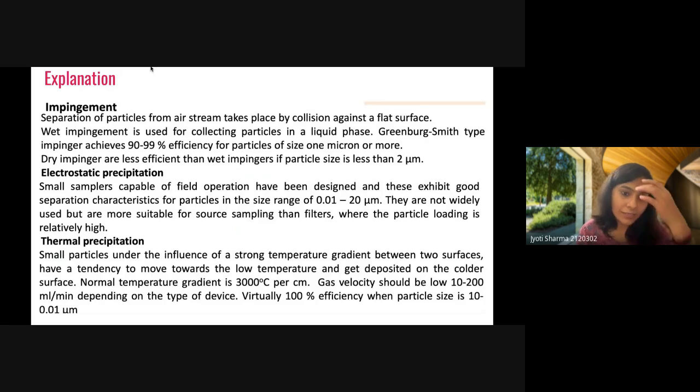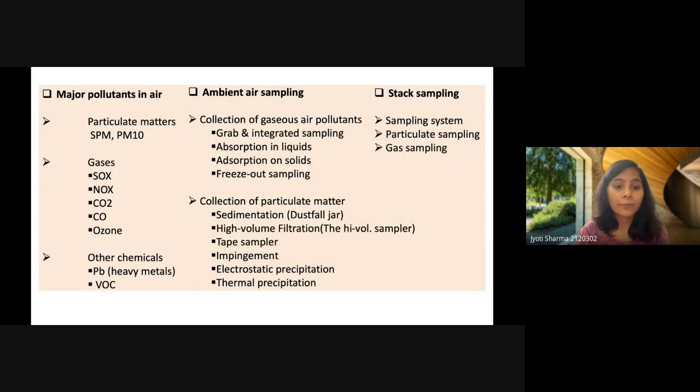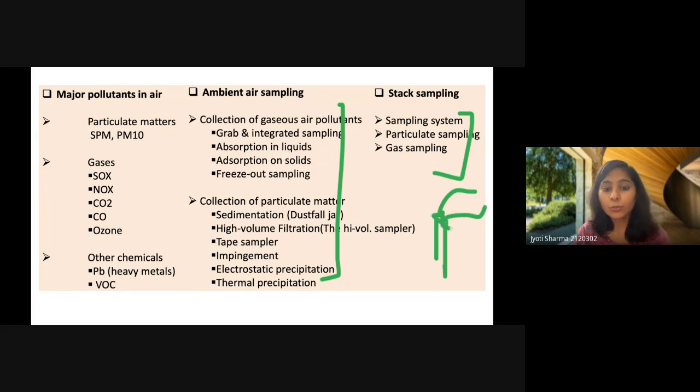Okay, here you can see, as I already have talked about these things, I think we can skip the reading part. So we have done this much, and right now I do not have a question on this stack sampling. Stack sampling means whenever we have chimneys, collecting the air from those chimneys is part of stack sampling.